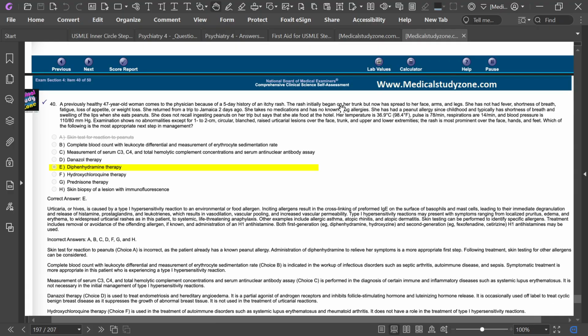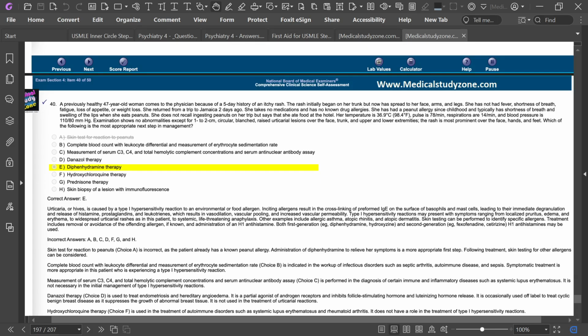Urticaria or hives is caused by a type 1 hypersensitivity reaction to an environmental or food allergen.